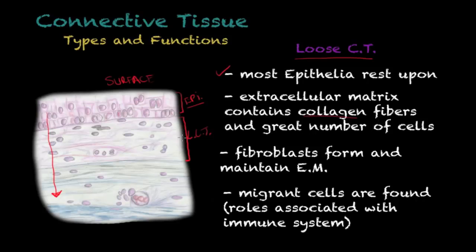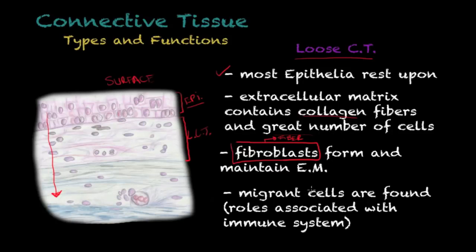And you will find a great number of cells in loose connective tissue, so keep that in mind. Now, the cells that you find are called fibroblasts. These cells are able to form and maintain the extracellular matrix. And as the name indicates, fibro, from fiber, they are going to produce the fibers that comprise the extracellular matrix.